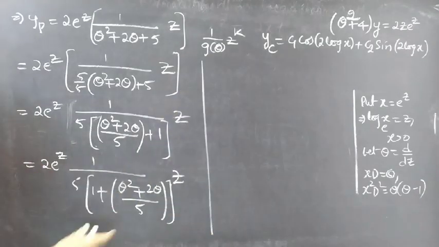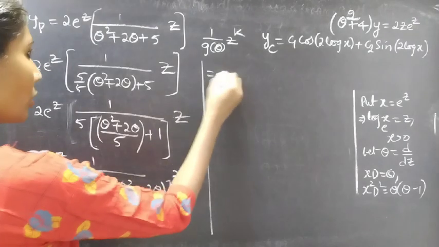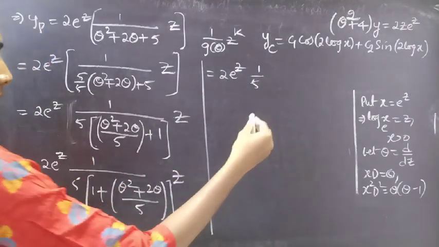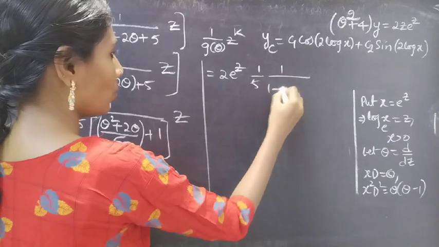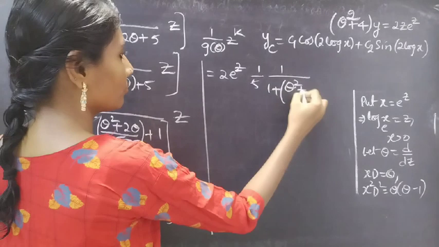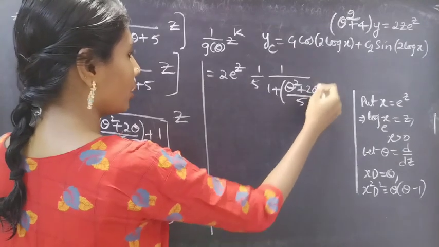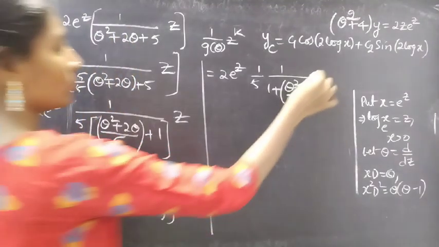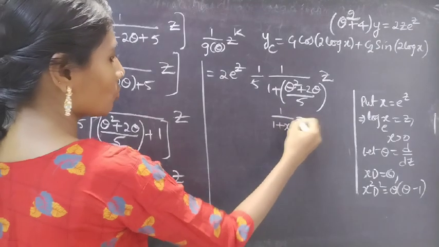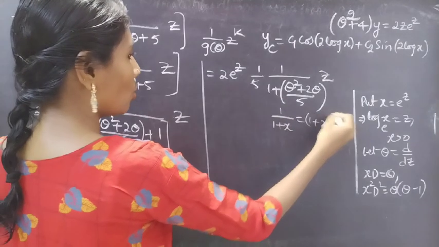Now let's split this fraction as 2 e power z into 1 by 5 into 1 by 1 plus theta square plus 2 theta by 5 into z. See, the second fraction is of 1 by 1 plus x form, so we can write it as 1 plus x whole inverse.